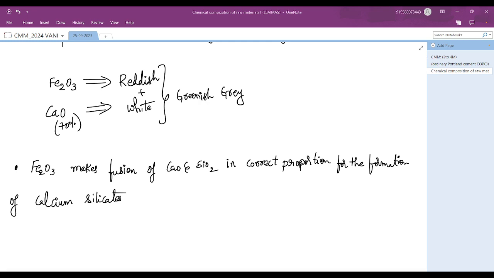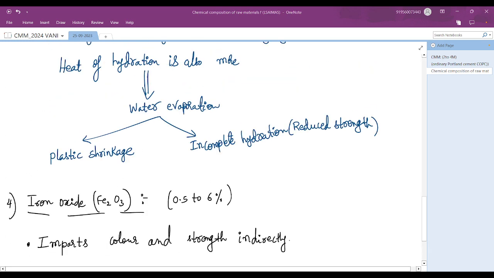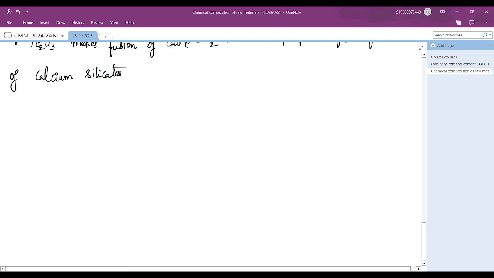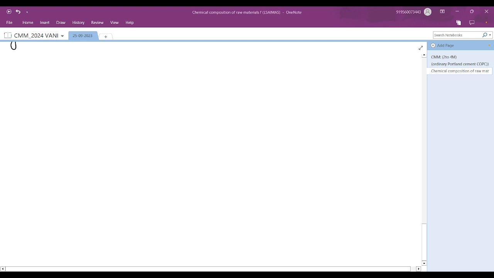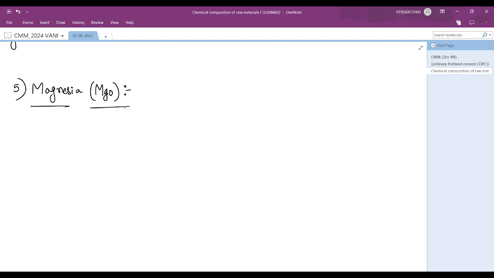So, the next oxide is magnesia, MgO. It is present in 1 to 4%.